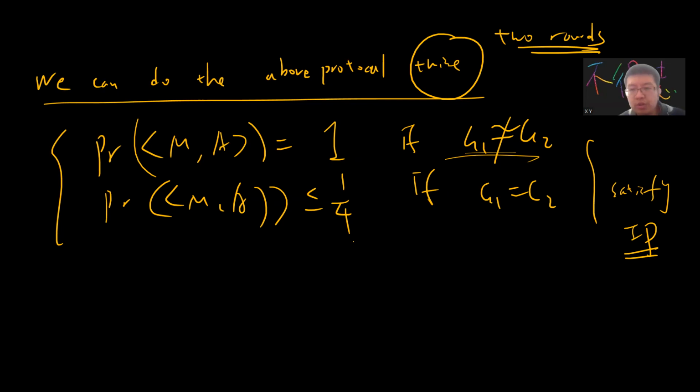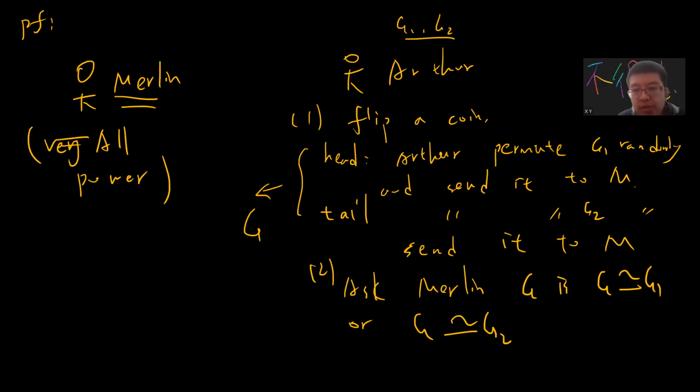If G1 is different from G2, then Merlin answers correctly twice. Otherwise, Merlin cheats with probability 1/4. So this is the idea of the interactive proof.